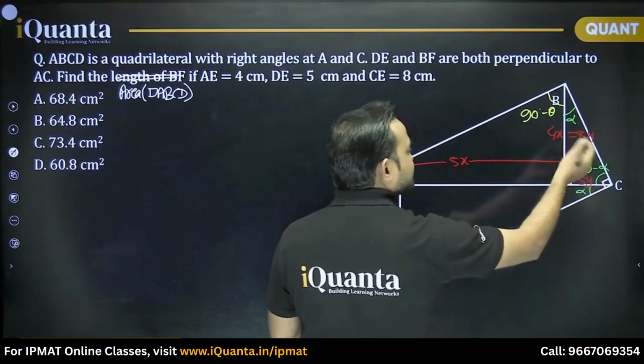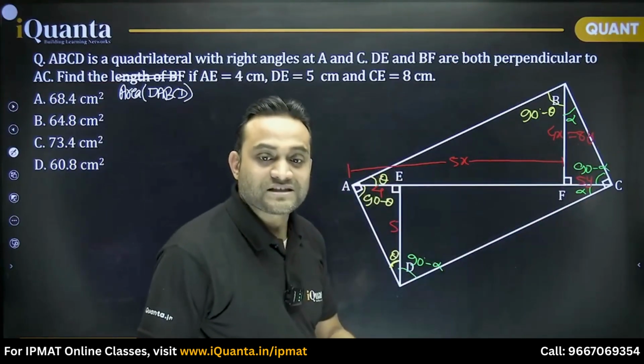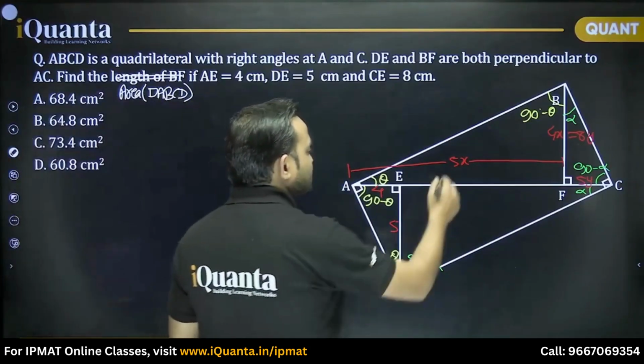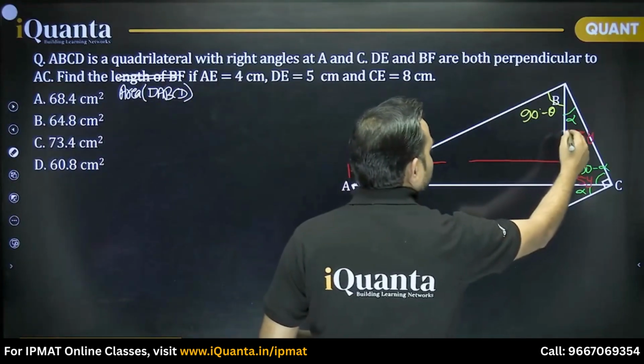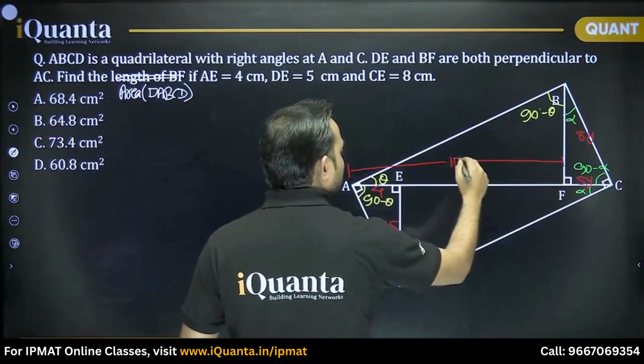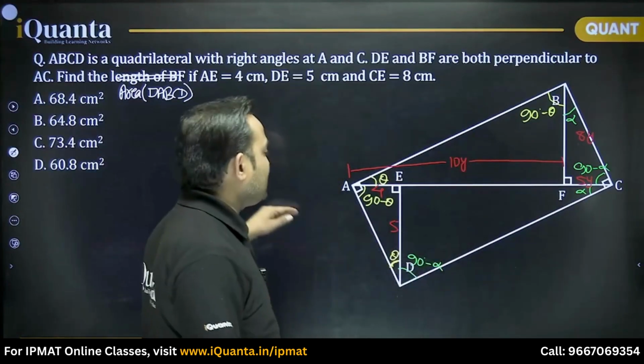So can we say x is equal to 2y? If x is equal to 2y, let's remove x from everywhere. So this will be 10y and this will be 8y. So this is 10y. Now what will be the length of AC?